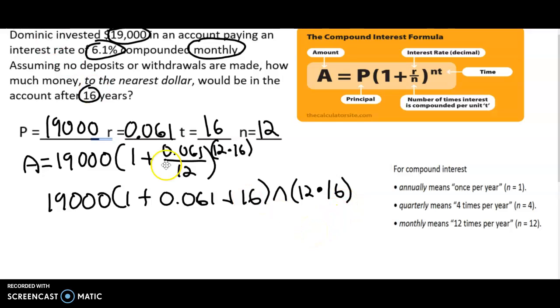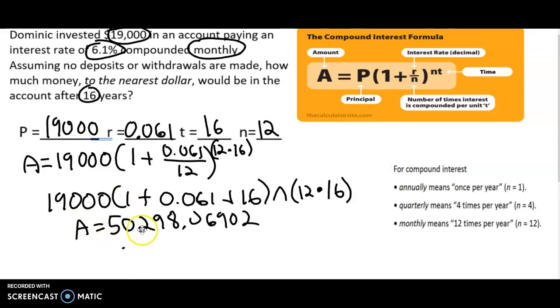And remember, to get to this little symbol here, it's a button on the calculator, A b over c. Hit that button to make this little dividing bar here. And then we type that in the calculator.